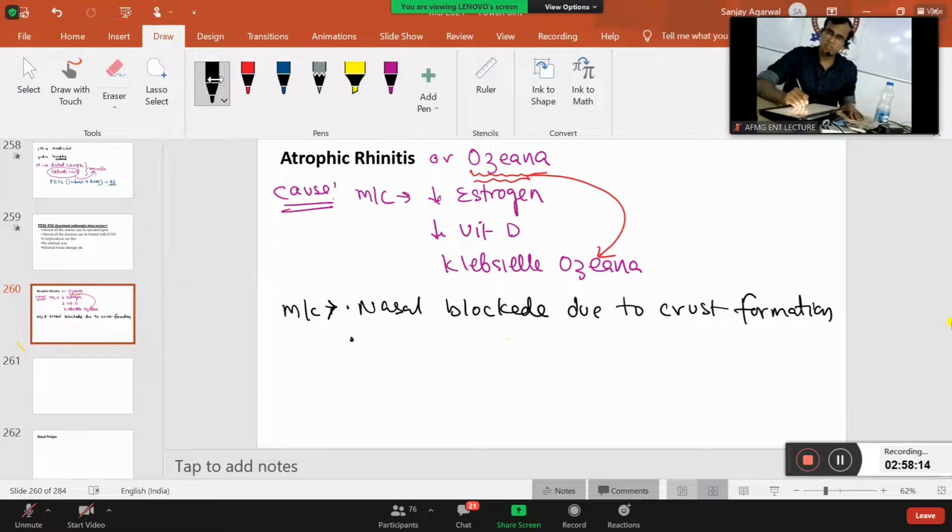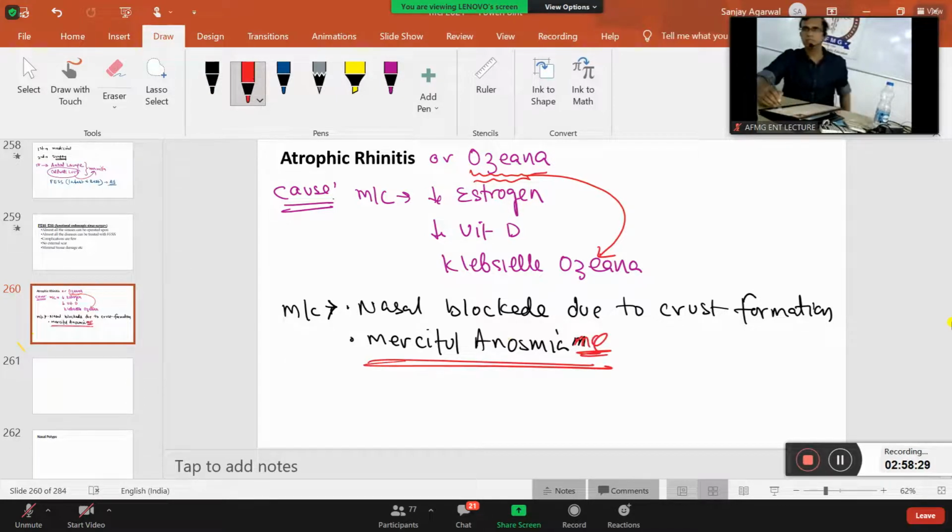But there is a very special complaint which is very commonly asked. It's called merciful anosmia. This is very important. Merciful anosmia is a feature of atrophic rhinitis.